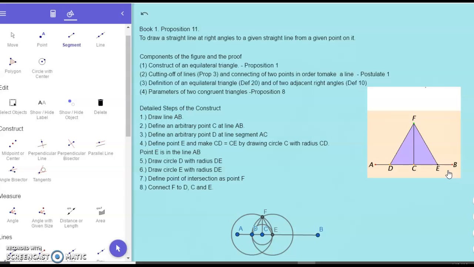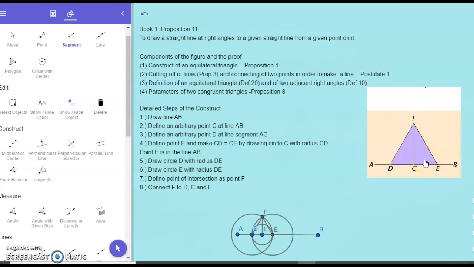So we have to show, based on the definition of right angles at definition 10, that there are two angles adjacent to one another that are also equal to one another. So we have to show that angle DCF is equal to angle ECF.